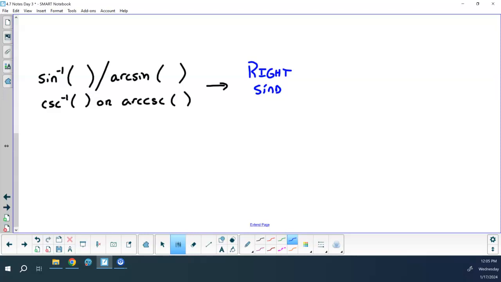Which the output then is going to be somewhere between negative pi over 2 and positive pi over 2. Now, do we include those two in sine, or do we exclude those two in sine? Include? Okay. So if we're including them, then those are brackets.